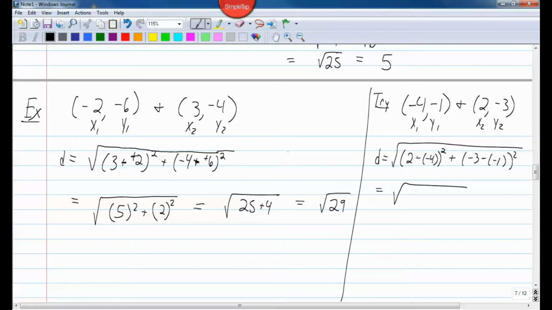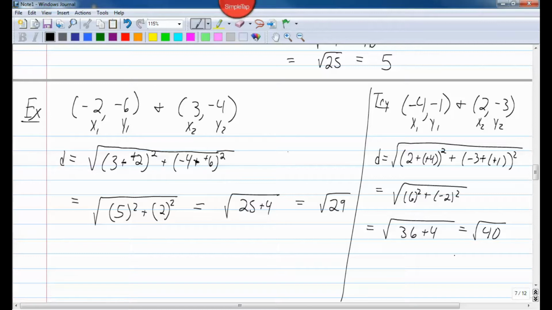So anywhere I have minus and negative, I'm going to put plus. Not there, but there. Alright, so that's going to be 6 squared plus -2 squared, the square root of 36 plus 4, that's the square root of 40.